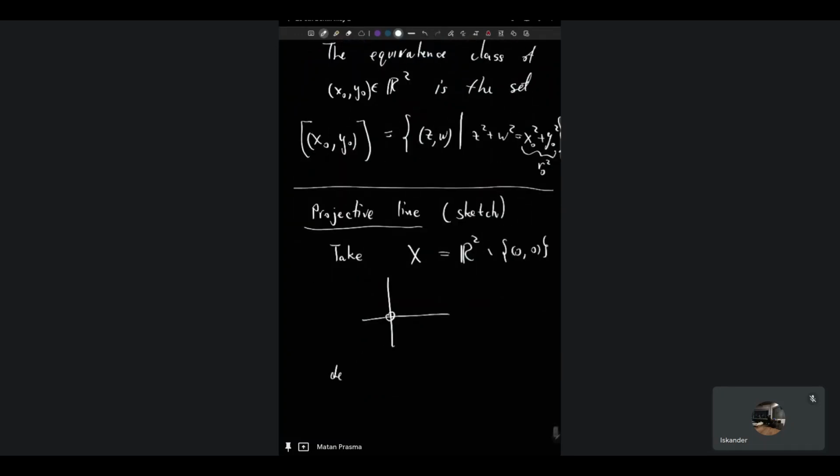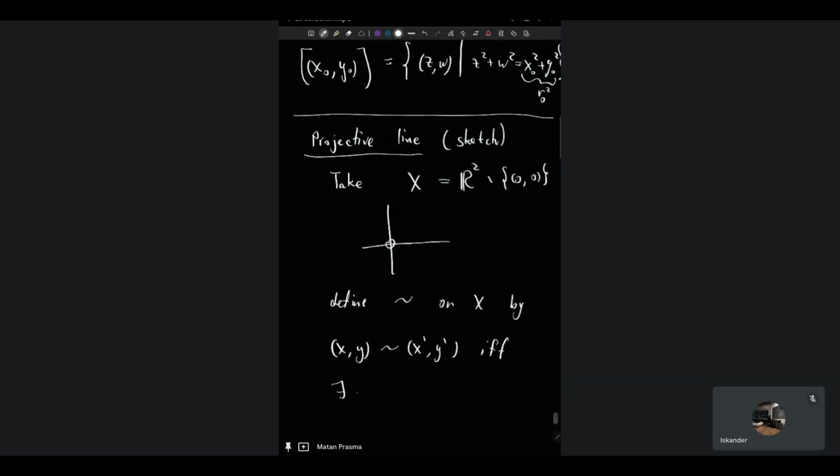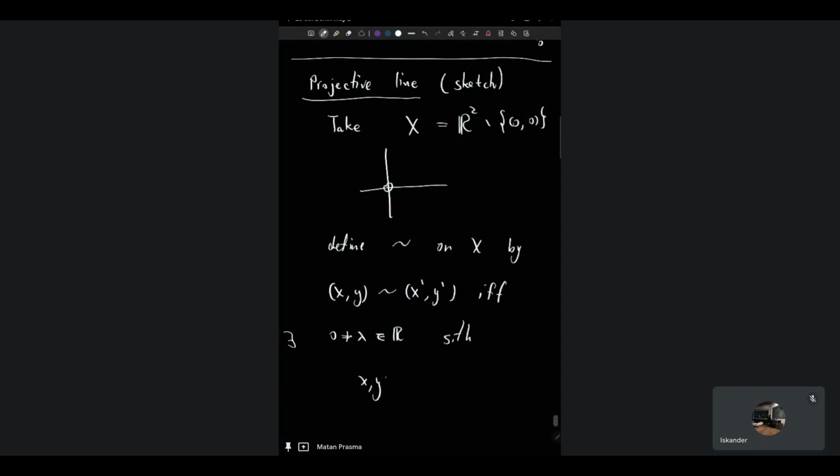And define an equivalence relation on X by setting (x, y) to be equivalent to (x', y') if and only if there exists some non-zero scalar lambda such that (x', y') is equal to (lambda x, lambda y).